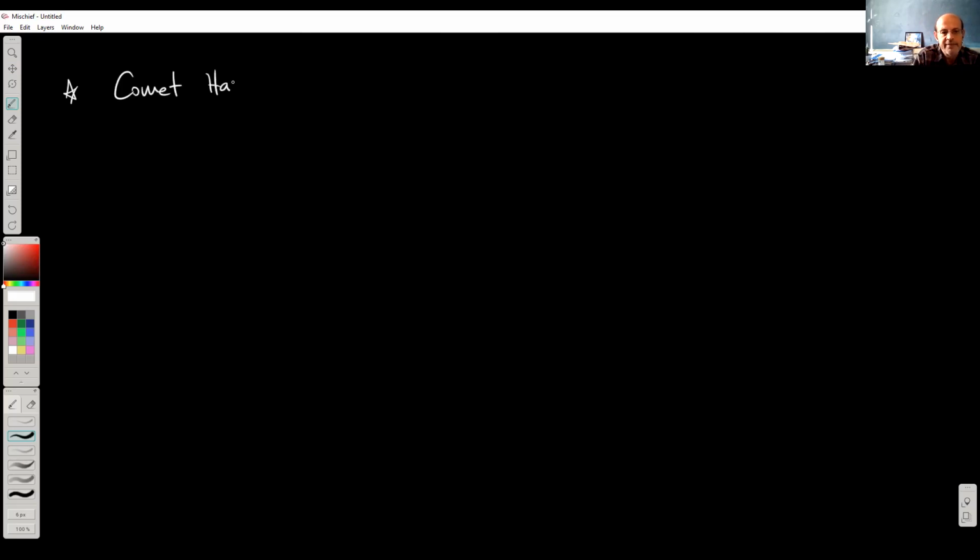Comet Halley. It's not a planet, but a comet. That means it's an orbit with a very high eccentricity. It basically comes back once every 76 years.